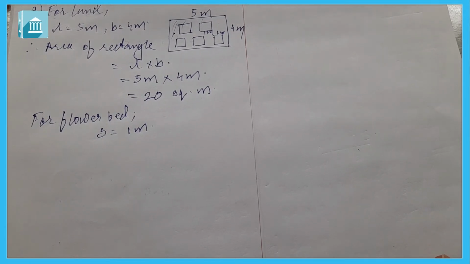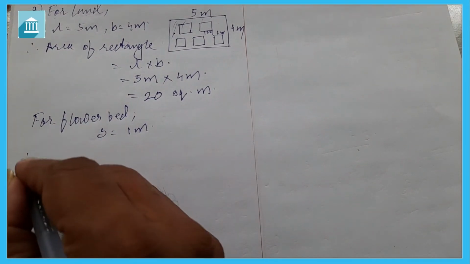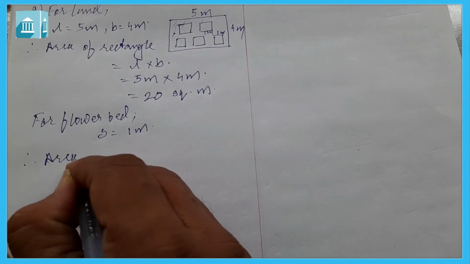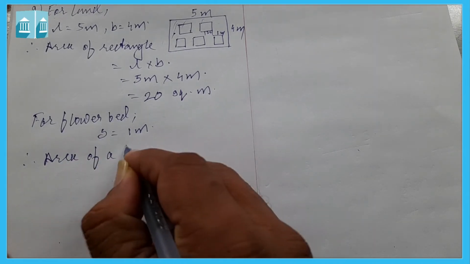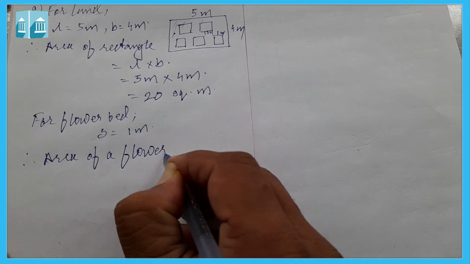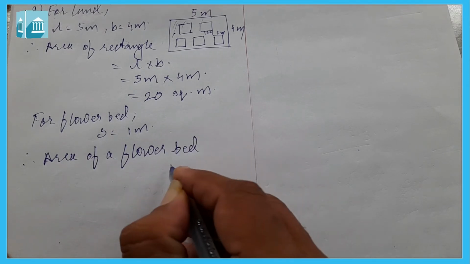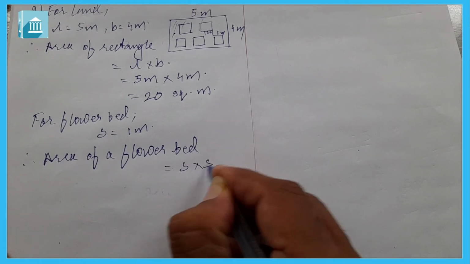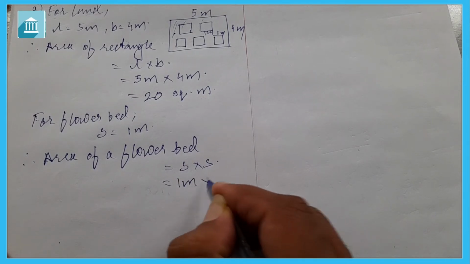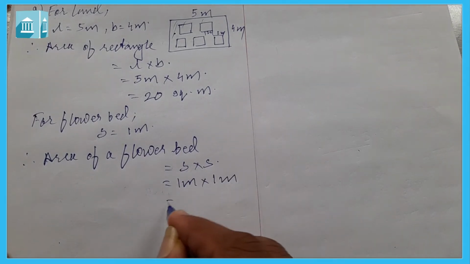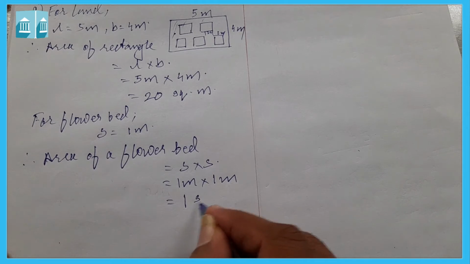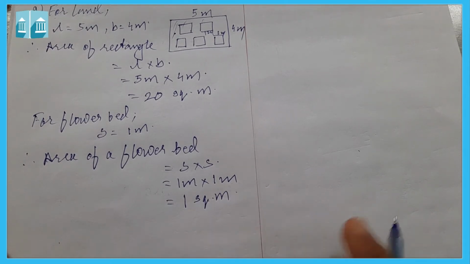Therefore, area of a flower bed is equal to S into S, which is equal to 1 meter into 1 meter, which is equal to 1 square meter.